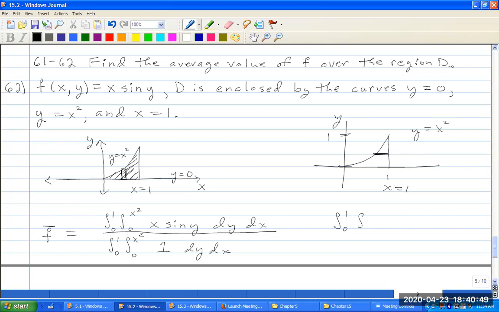But here, x is equal to the positive square root of y. y is positive, so that's fine. So it goes between the square root of y and 1, of x sine y, dx dy.